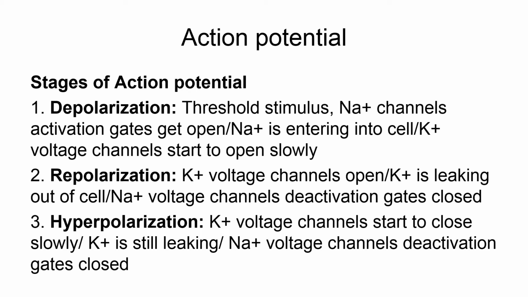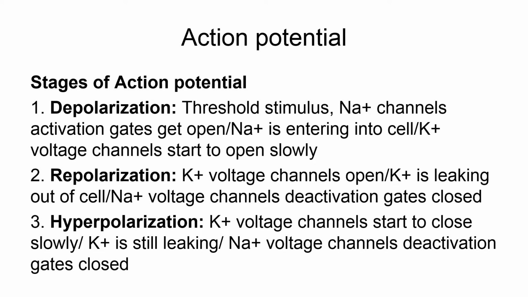Action potential occurs only on muscles and nerves, and it does not occur on epithelial cells. Resting membrane potential occurs on three tissue types: epithelium, muscle, and neurons, but action potential only occurs on the muscle cells and neuron cells.